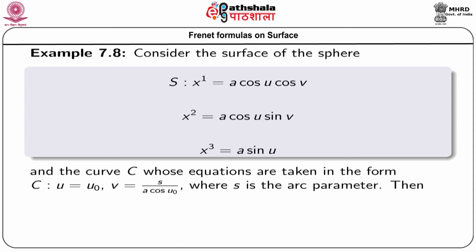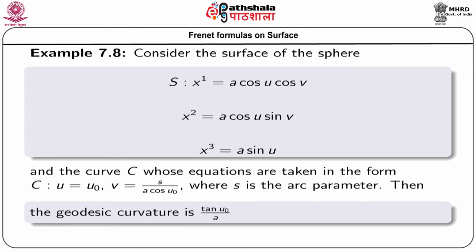And we are considering the curve on the sphere of the form u equals u and v equals s by a cos u 0, where s is the arc parameter. Then the geodesic curvature is tan u 0 by a. Now, we shall see how this comes.